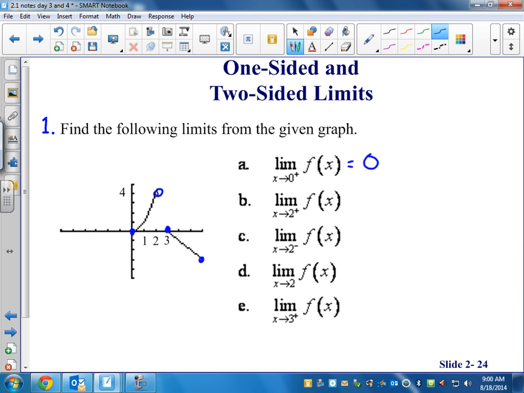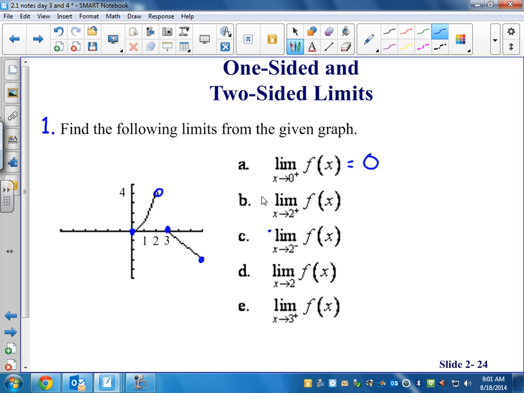What about 2? What's happening as x approaches 2 coming from the right? Maybe we should skip that one for a minute. But coming from the right, do you agree that that's this side? So coming from the right, am I talking about this segment at all? No, I'm talking about over here. If I start way out here and get closer and closer to 2, we're cruising along here.